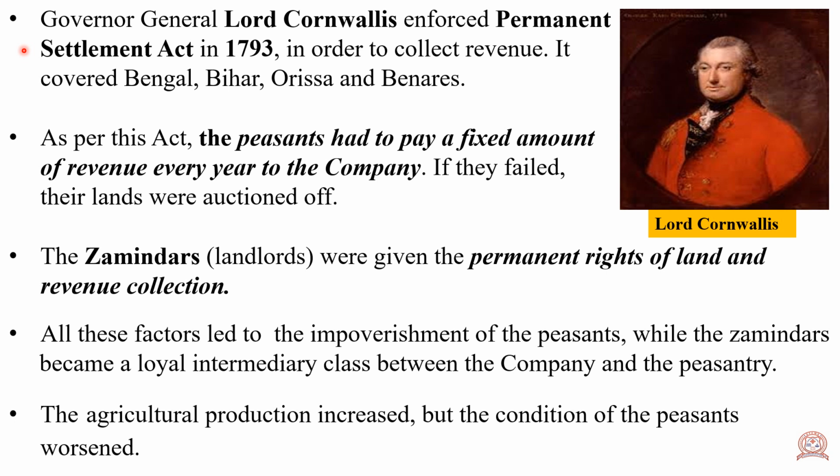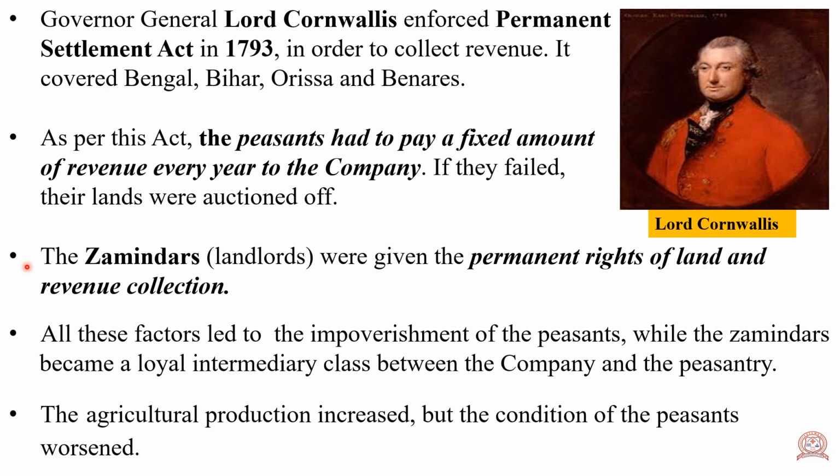Under the Permanent Settlement Act, the company collected the revenue from Bengal, Bihar, Orissa, and Benares. As per this act, the peasants had to pay a fixed amount of revenue every year to the company. If they failed, their lands were auctioned off.